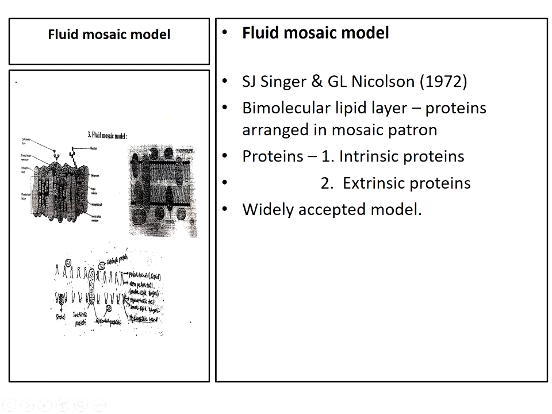So in the diagram you can observe the proteins floating in the layers of the lipids, and the proteins in this fluid mosaic model are globular proteins. There are two types of proteins we can observe in this model.